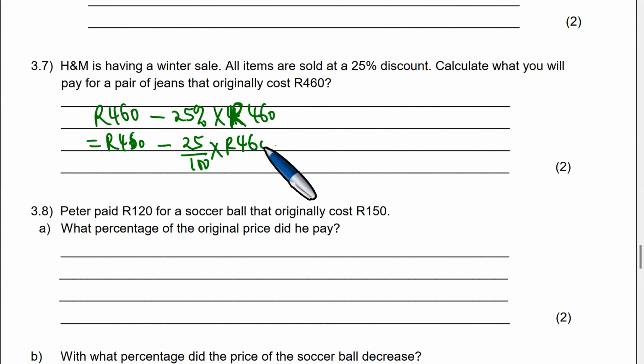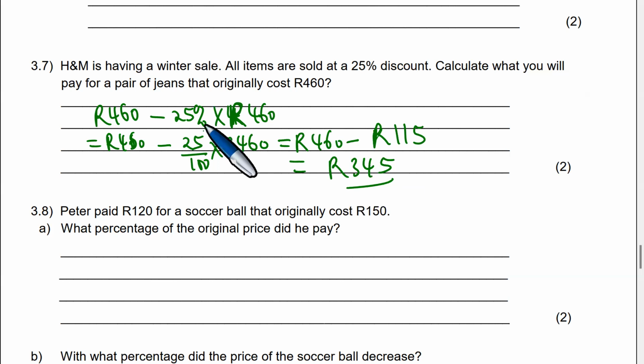What is 25 out of 100 times 460? The answer is 115. 460 minus 115, you get 345. So for the discount, you just subtract the discounted amount.